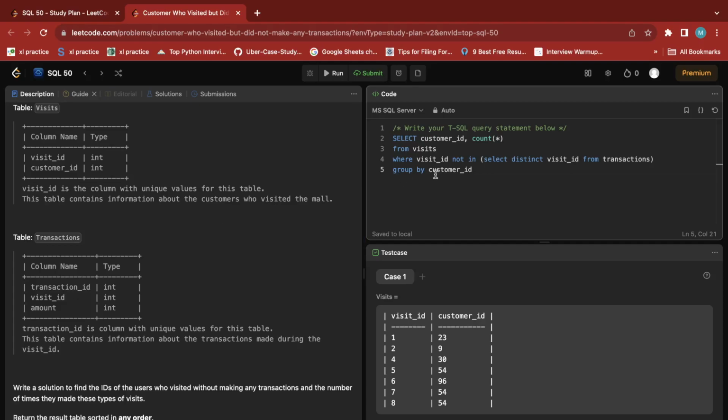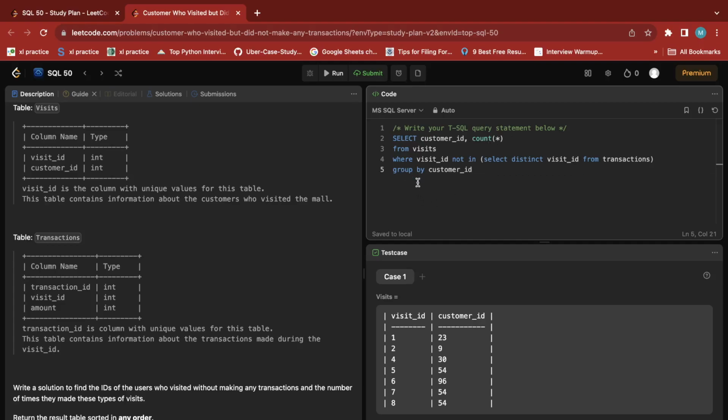So what I simply did was I put a filter that whenever my visit ID is not present in the transactions table, please list only those customers. And then by count star I have taken the count of such customers.